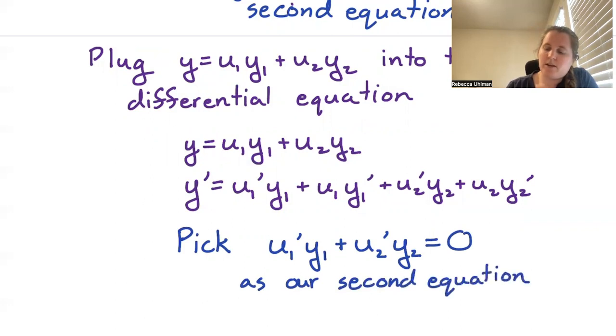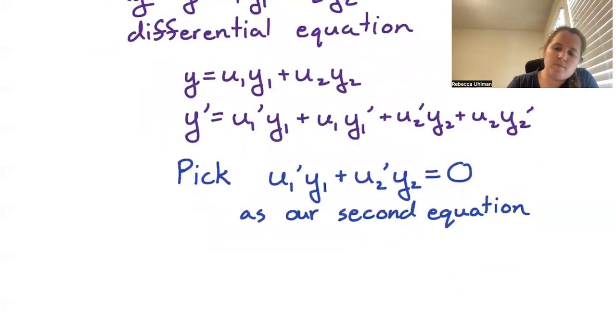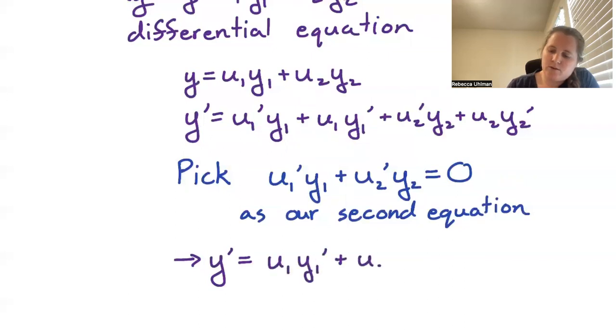This simplifies the formula for y prime. And so we get that y prime is simply u1 y1 prime plus u2 times y2 prime.